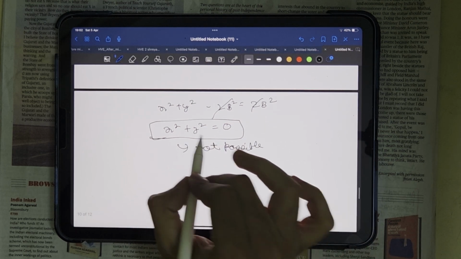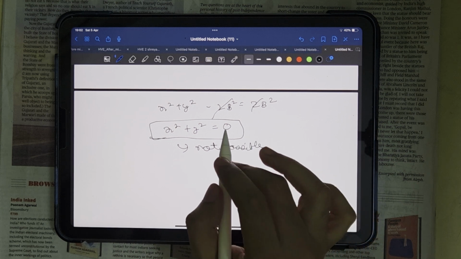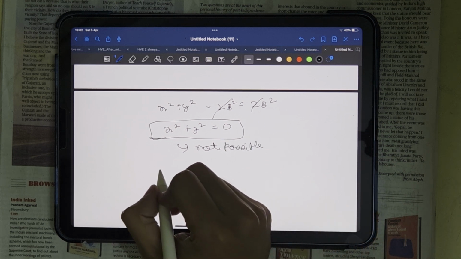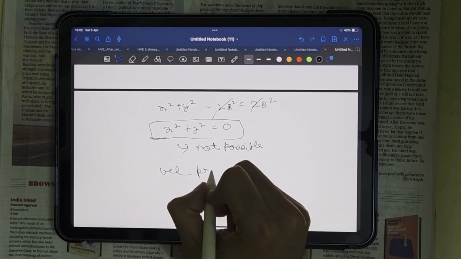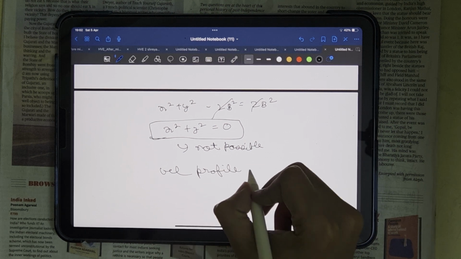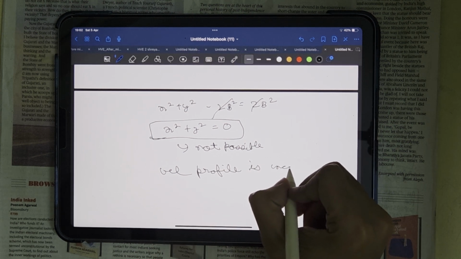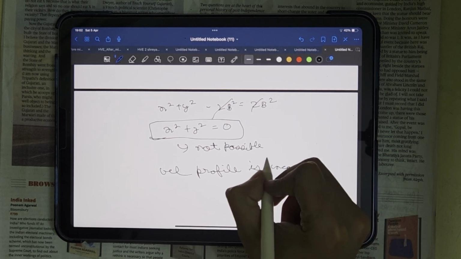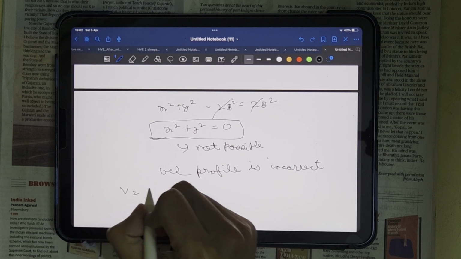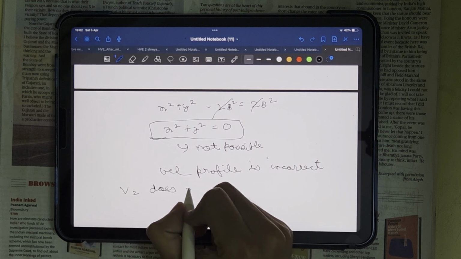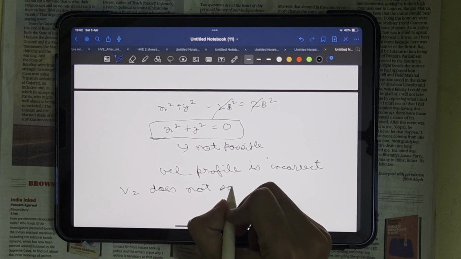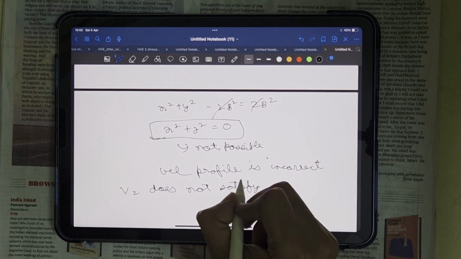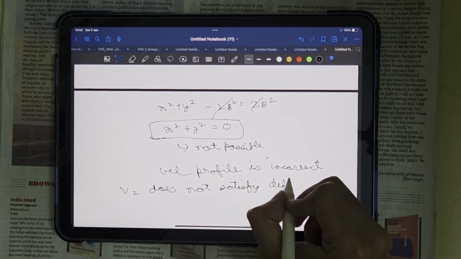Adding squares of two numbers can never be 0. So the velocity profile is incorrect. So Vz does not satisfy the differential equation.